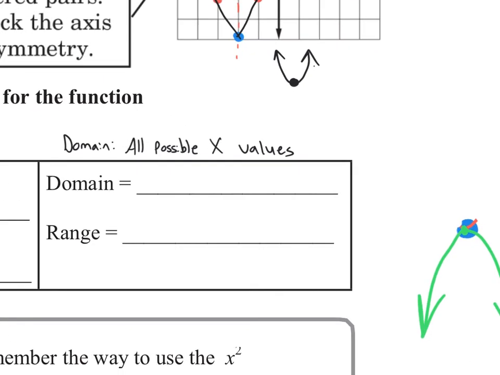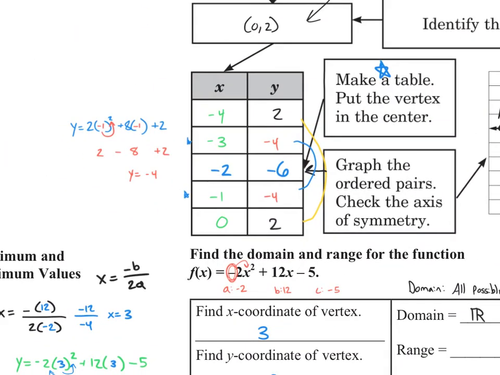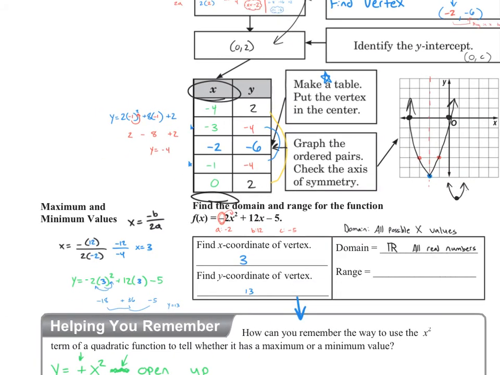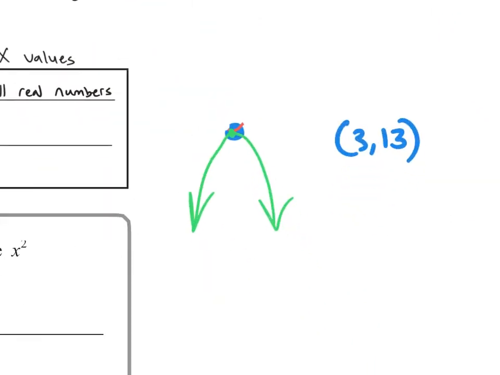The domain for all quadratics is that symbol that meant all real numbers. What that's telling us is that, if I wanted to extend a table, both higher and lower, in the x column, I could type in any number that I want. Every number for x will work. This graph will eventually go everywhere to the right and everywhere to the left. It'll hit every x value.